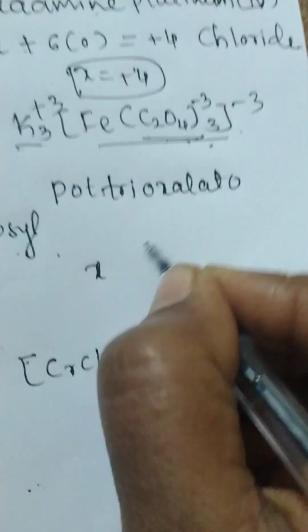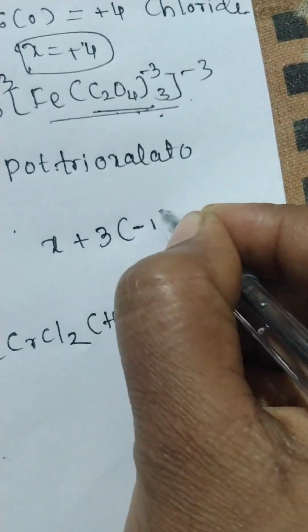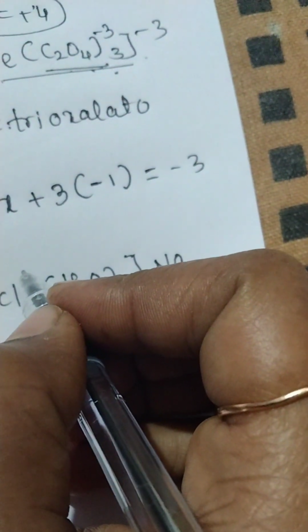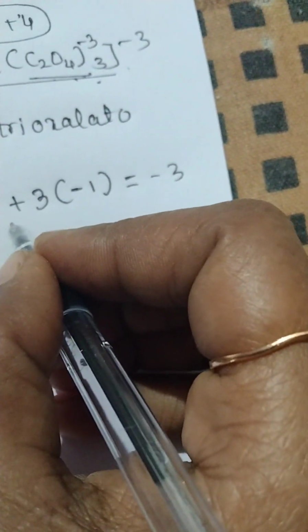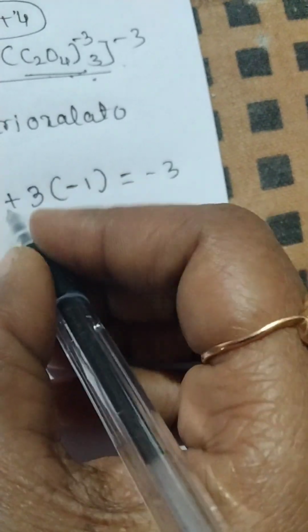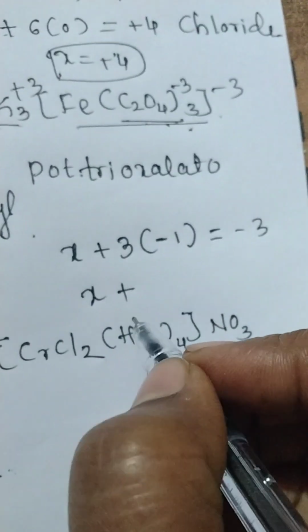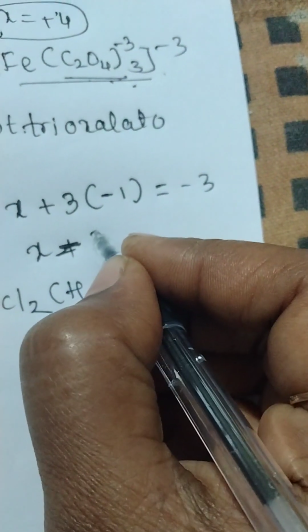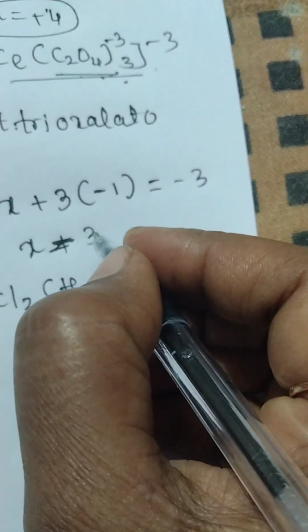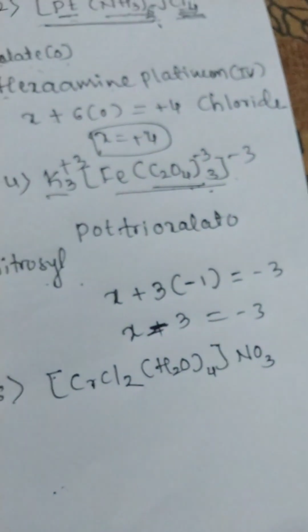Now let us calculate the oxidation state. X plus 3 into -1 is equal to -3. X plus -3 is equal to -3.